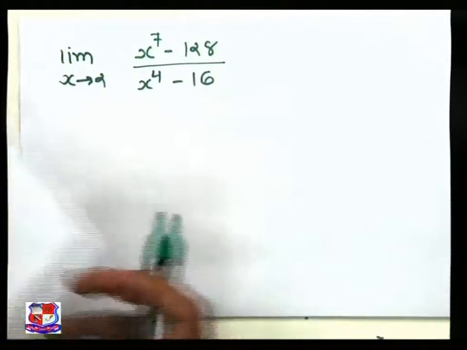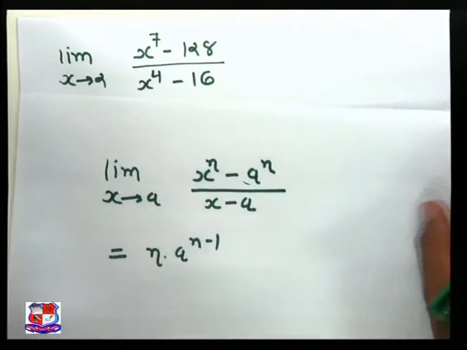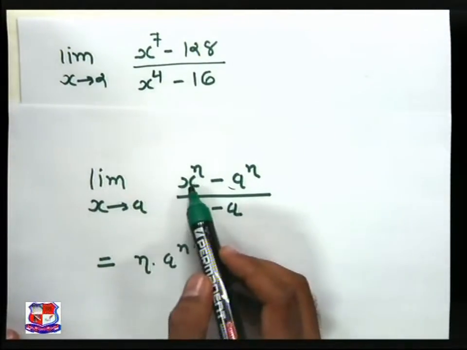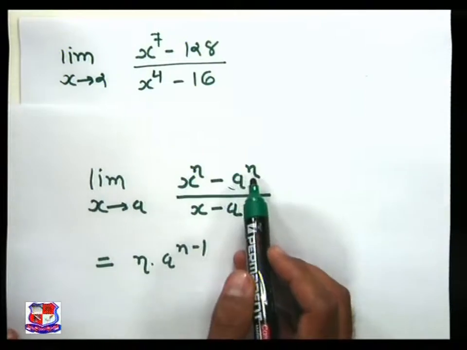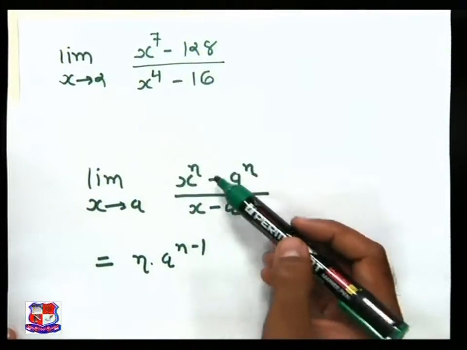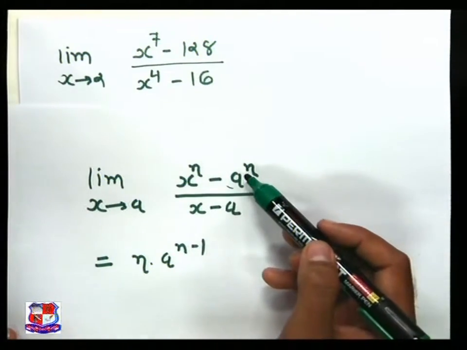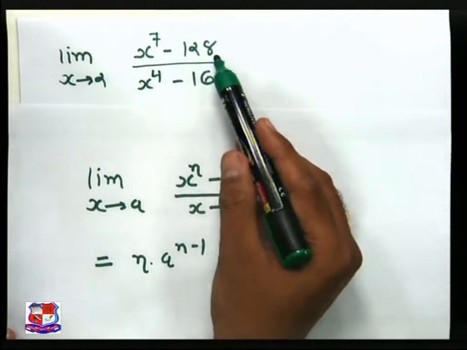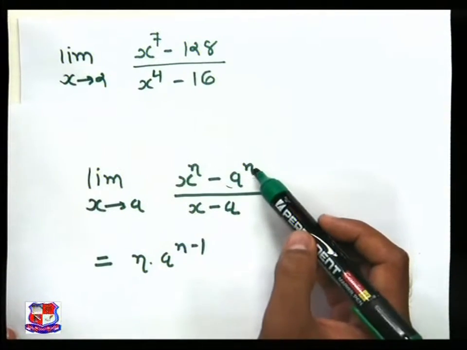Just remember our formula here, x raised to n minus a raised to n. So 7 is n, and we want to convert 128 into a raised to n form.